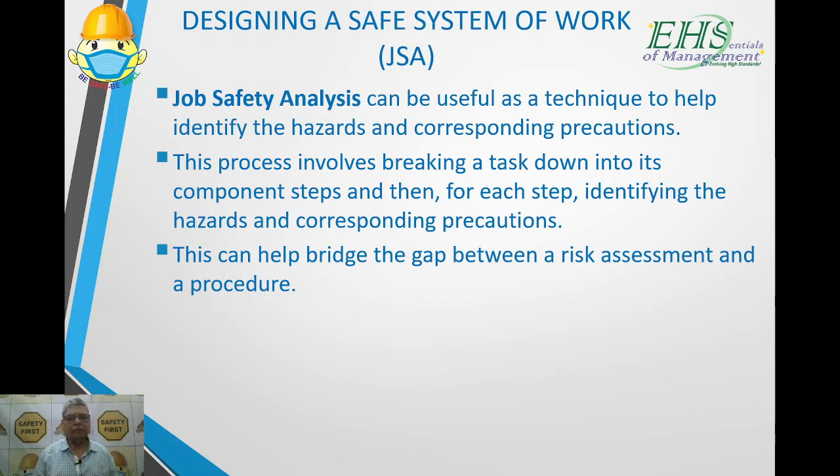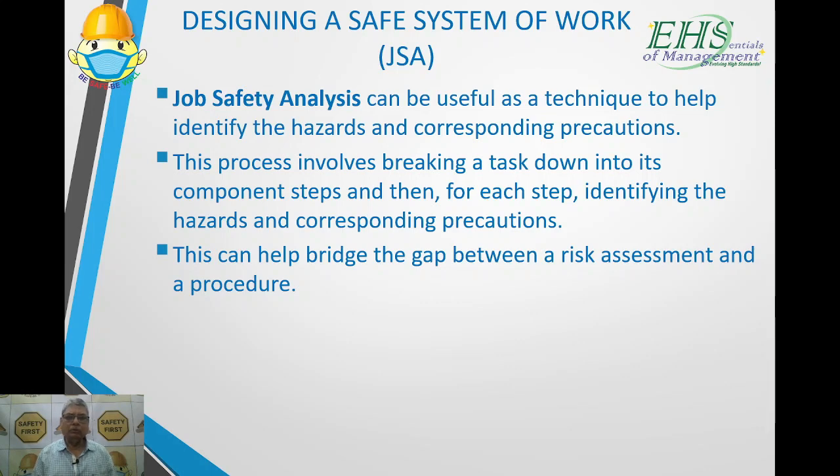This can help bridge the gap between a risk assessment and a procedure. A very important sentence. Okay, you have identified the hazard, you have assessed the risk, but what should be the procedure to avoid that risk? Either eliminate that risk or minimize that risk.